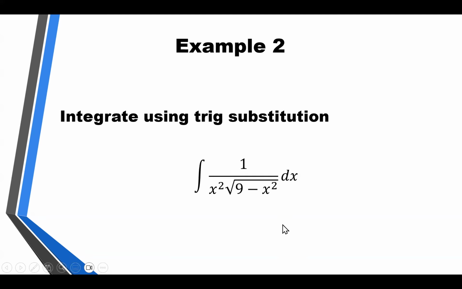So let's take a look at another example. We have to integrate 1 over the quantity x squared times the square root of 9 minus x squared. So we want to integrate this.